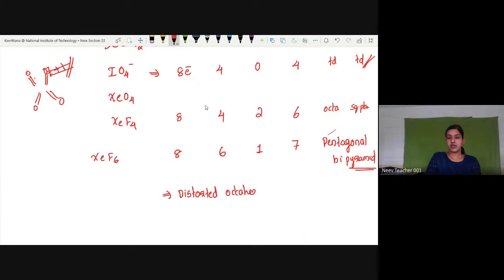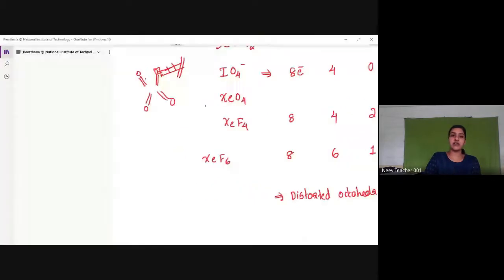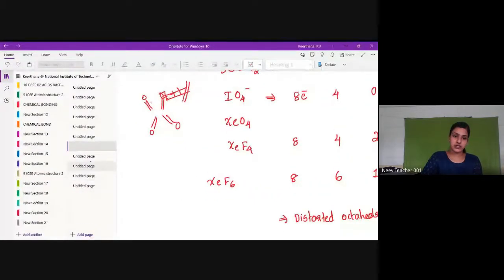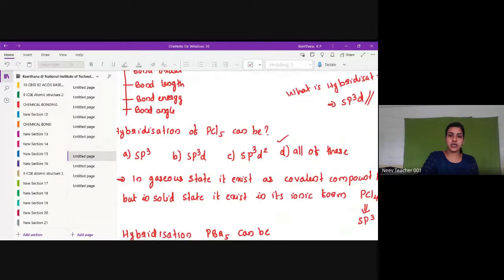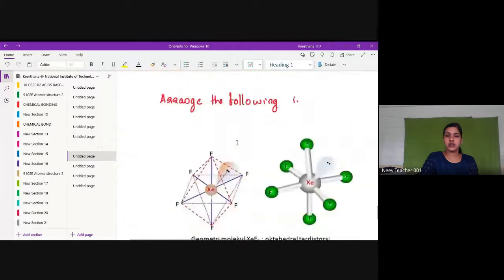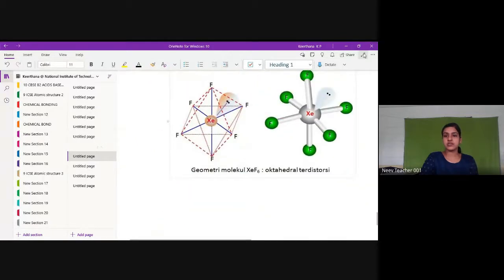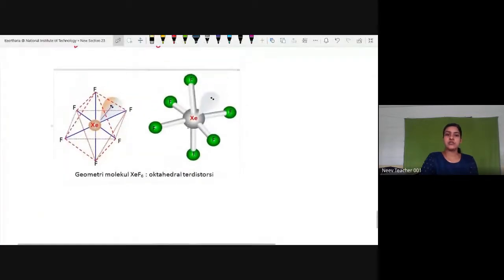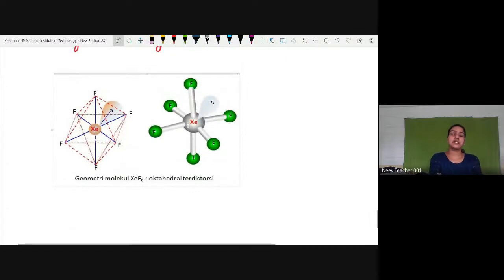By X-ray studies, we found that its structure is distorted octahedral. The shape will be like this. Its angle is 90 degrees, and its shape will be like this. As we know, there are 7 pairs.